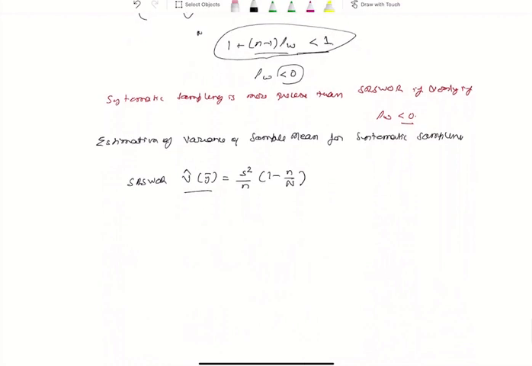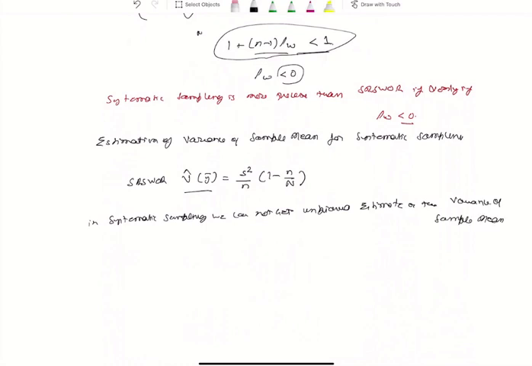variance. In systematic sampling, we cannot get an unbiased estimate of the variance of the sample mean.